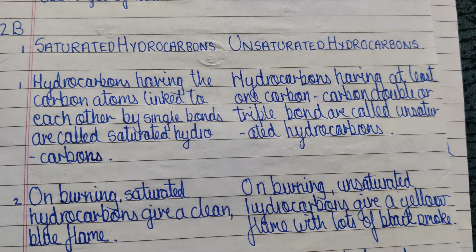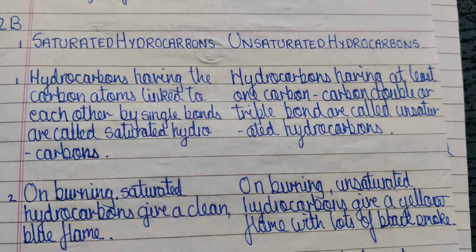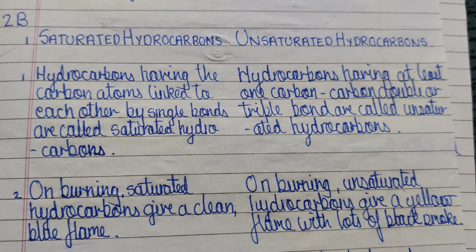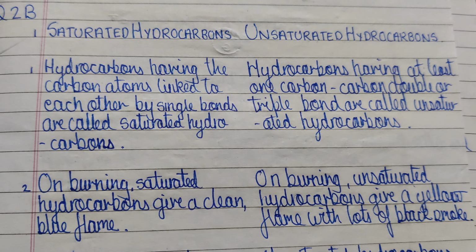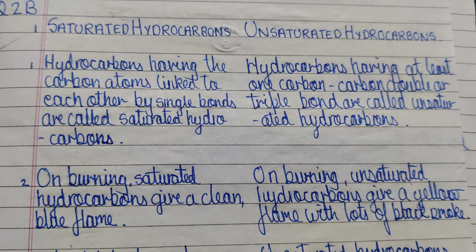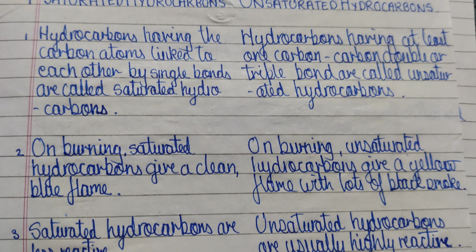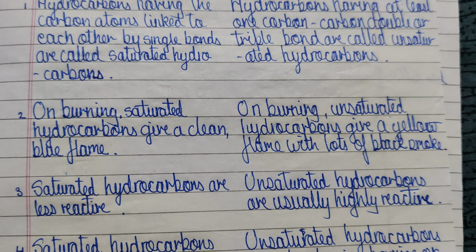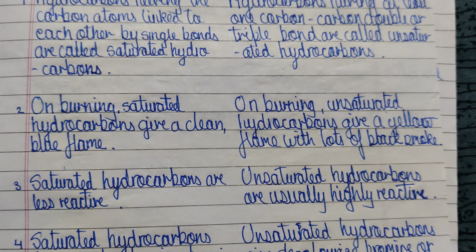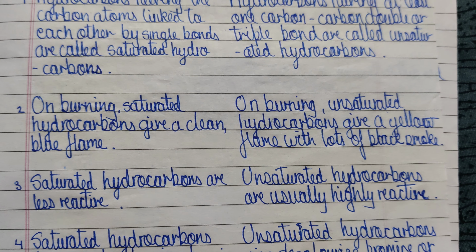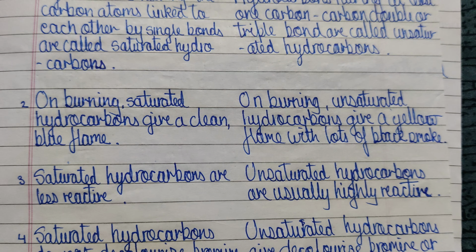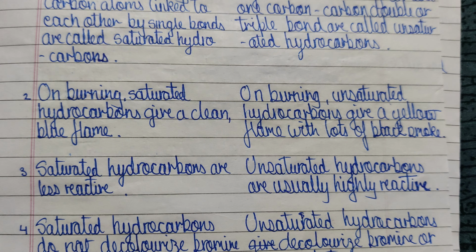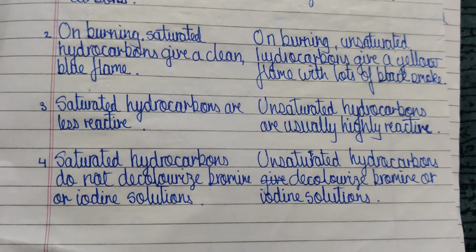Hydrocarbons having at least one double or triple bond are called unsaturated hydrocarbons. On burning, saturated hydrocarbons give a clean blue flame. On burning, unsaturated hydrocarbons give a yellow flame with lots of black smoke.